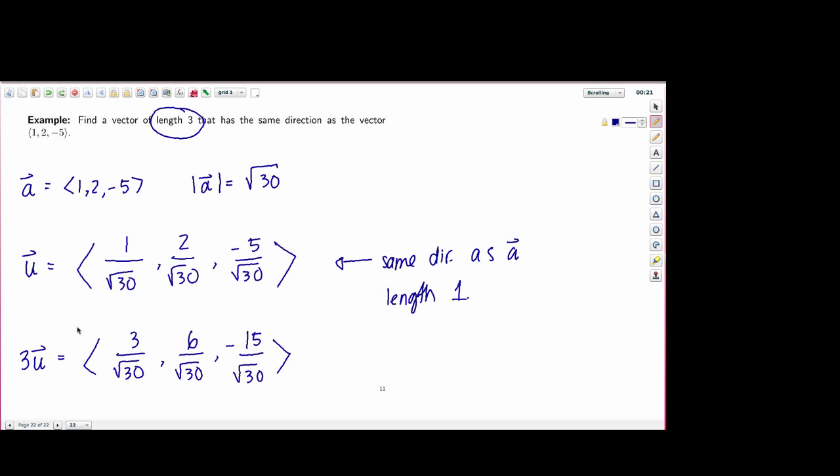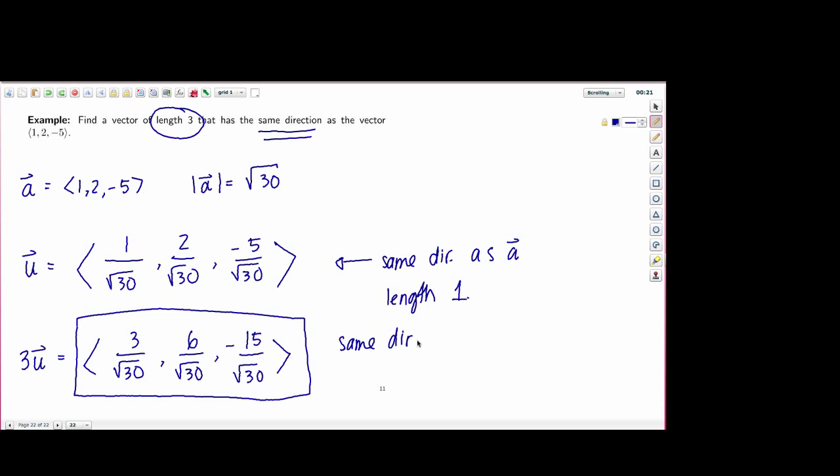This now is in the same direction as A because it's just a scalar multiple of A. We first multiplied it by the scalar 1 over root 30, then multiplied by the scalar 3, so it's just a scalar multiple of A, and we are in the same direction. So this vector is in the same direction as A, and now it has length 3, because we first found a vector in the same direction as A with length 1, and then multiplied that by 3 to get length 3.